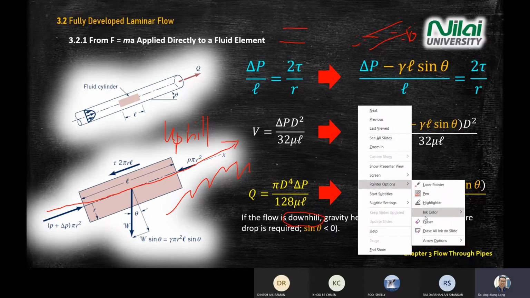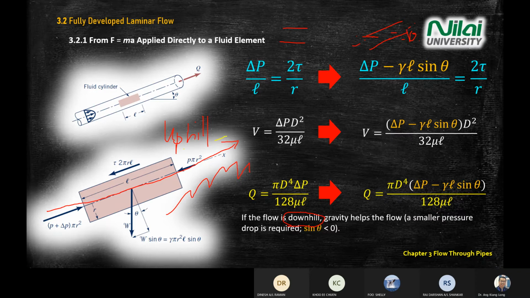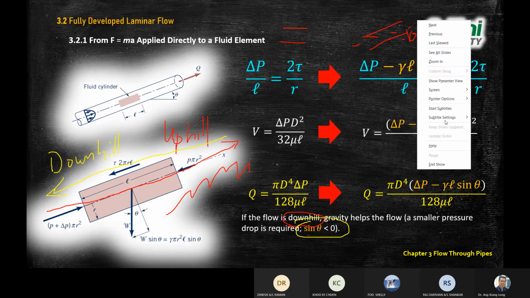I will change the color of my pen. Downhill is this one. When the flow goes from the top of the mountain to the river, we call it downhill. So for downhill, sine theta will be less than 0. Just take note of that.